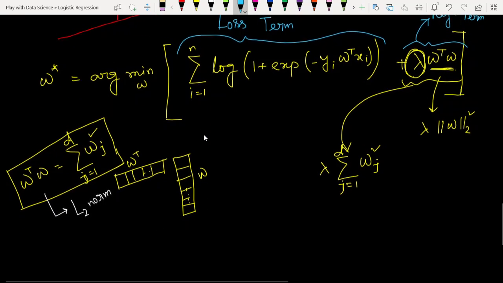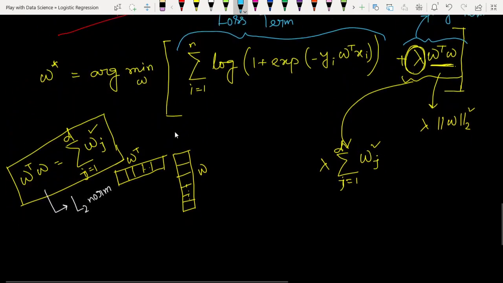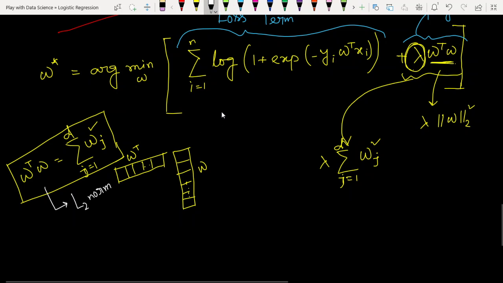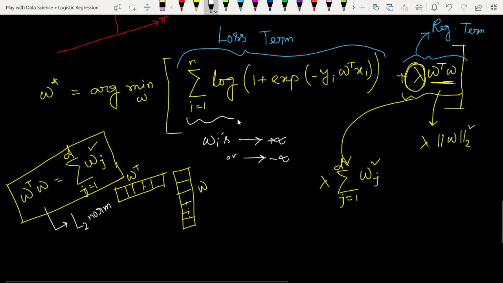One thing we have to see: when our wi tends to plus infinity or minus infinity, then our loss term tends to 0, and for the regularizer term it doesn't matter if positive or negative; if we take the norm, everything is converted to positive.